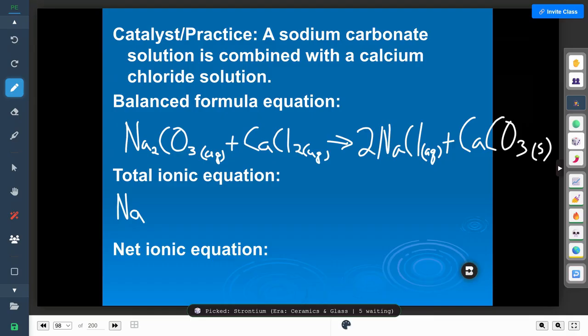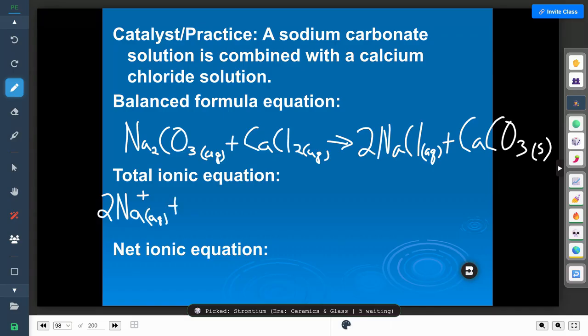But we want to indicate that the water is surrounding each of our ions and it separates these ions out. So what else could I do? Coefficient? Yeah. So we'd put a 2 there instead of as a subscript, right? Good. And then what else does Na need? Plus and aqueous. Excellent.